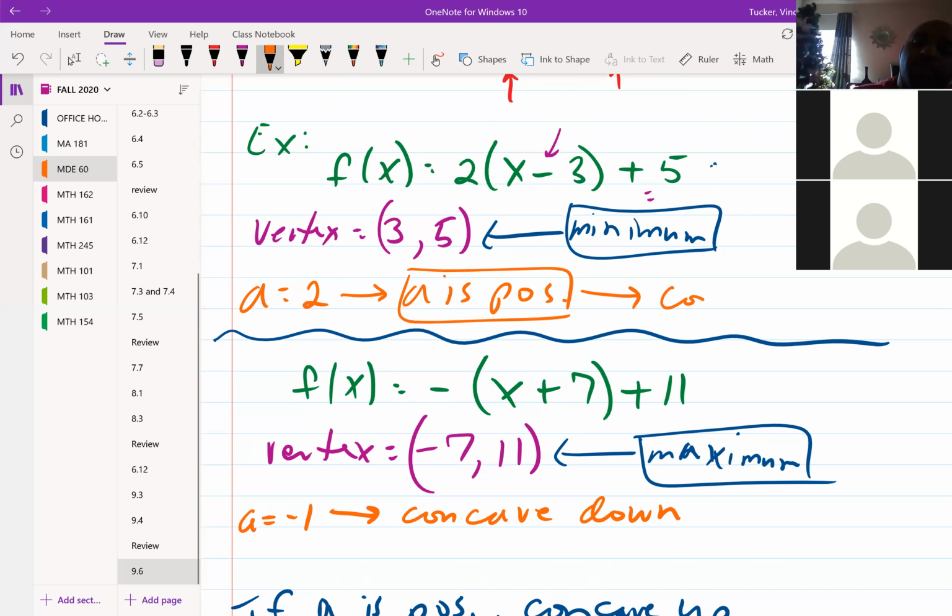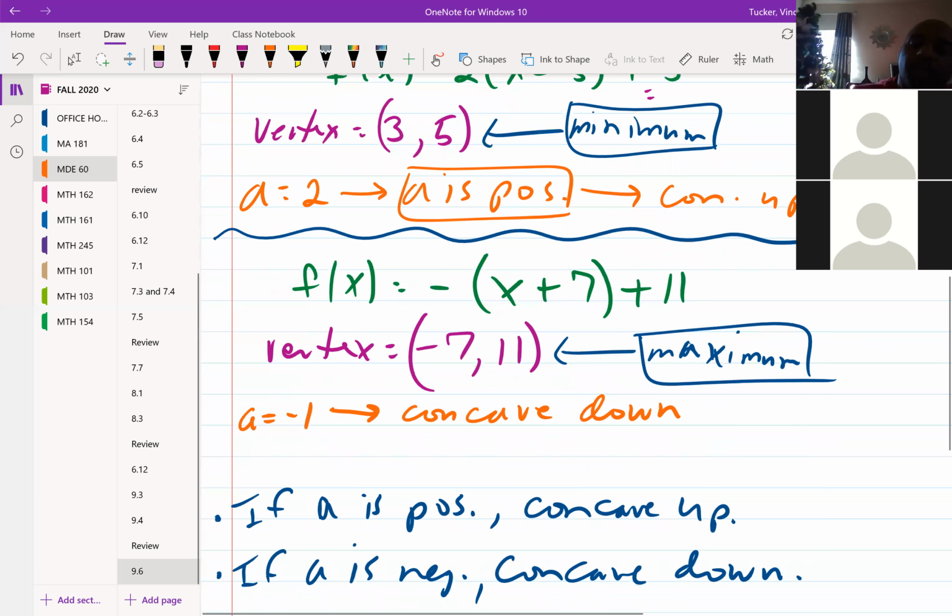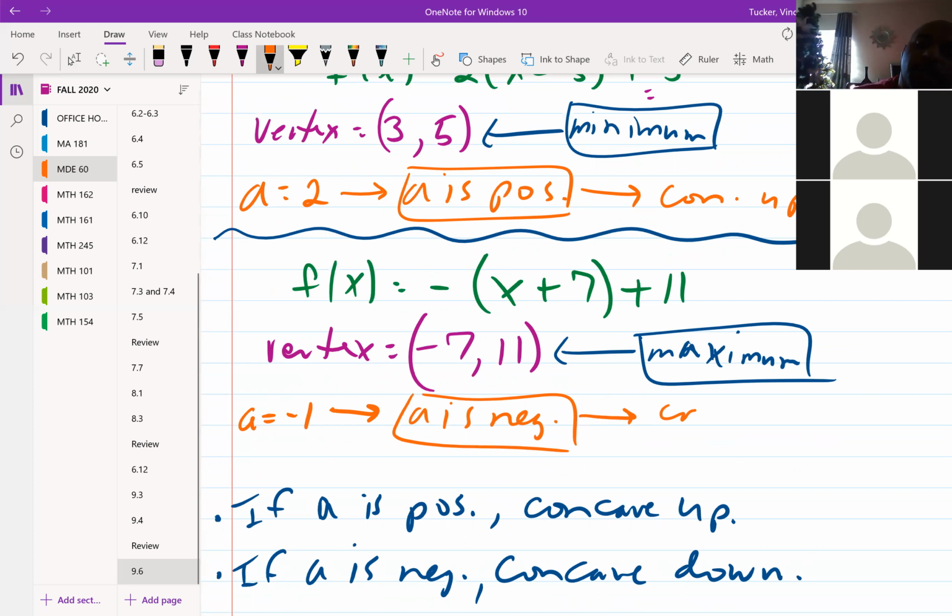That means concave up. Same thing here. a was equal to -1. That means a is negative, and that means concave down. So it's about it being negative or positive, not necessarily about the number. The number really doesn't matter. Is it negative or positive? That's what dictates your concavity.